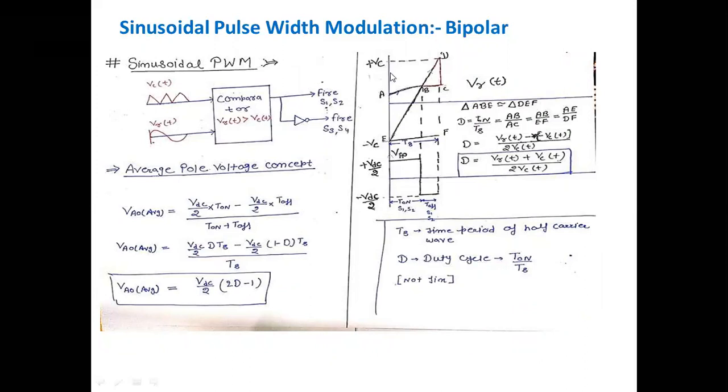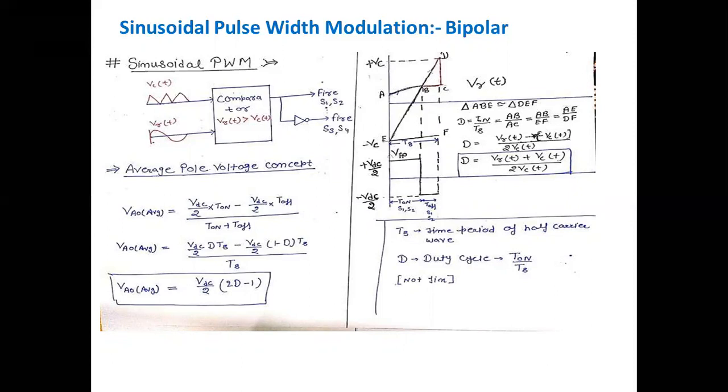So for this, I have taken a part of your waveform. Okay, so you can see here that this is your carrier signal, that is between minus Vc to plus Vc. Okay, this is minus Vc to plus Vc, and this is your reference signal, that is your AC waveform. Here we are considering a small part of the AC waveform.